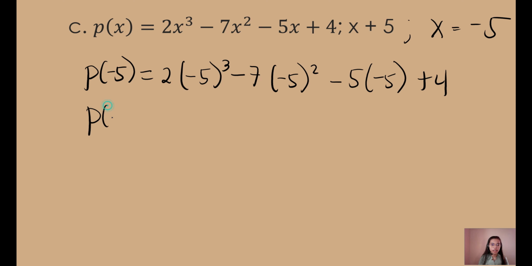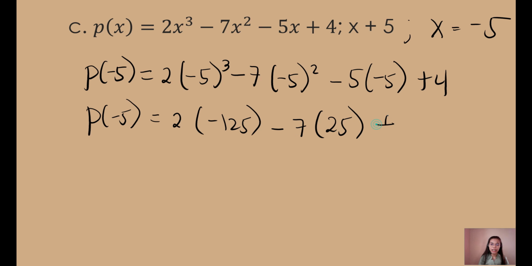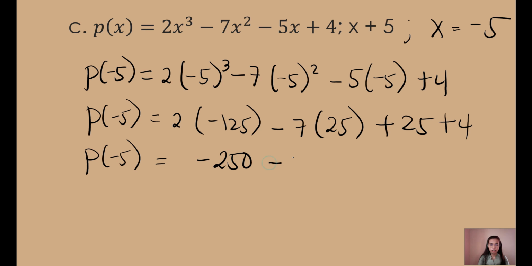Now we have P of negative 5 is equal to 2 times negative 125, that is negative 5 cubed, minus 7 times 25 plus 25 plus 4.